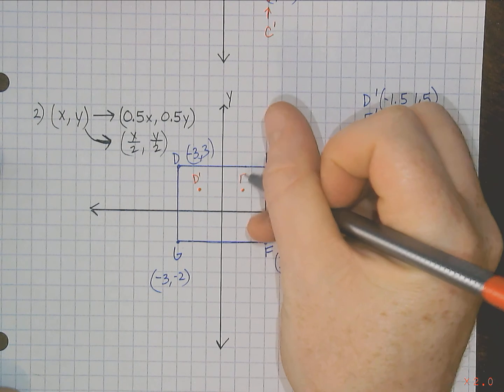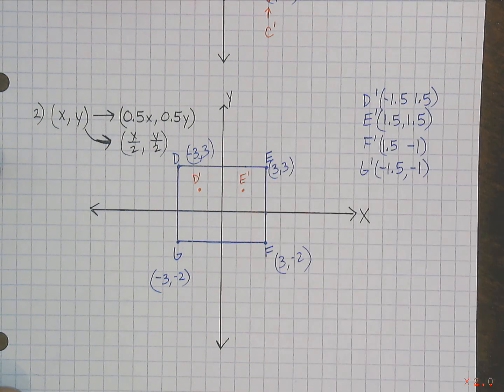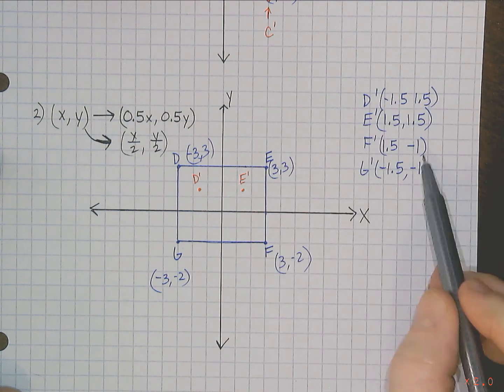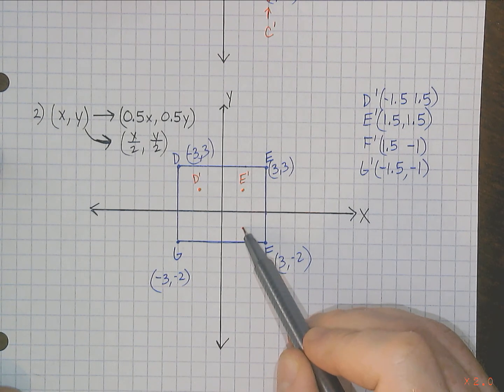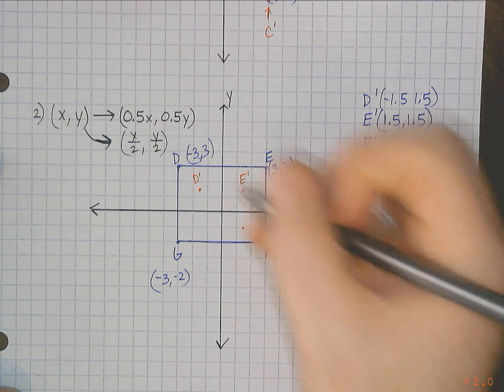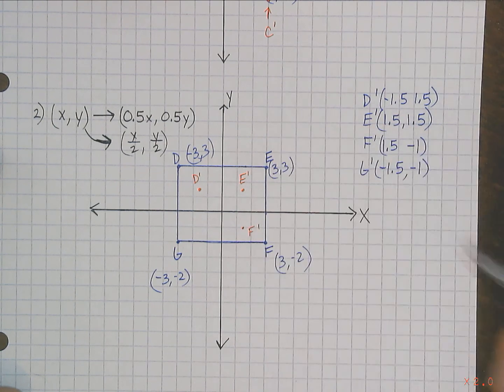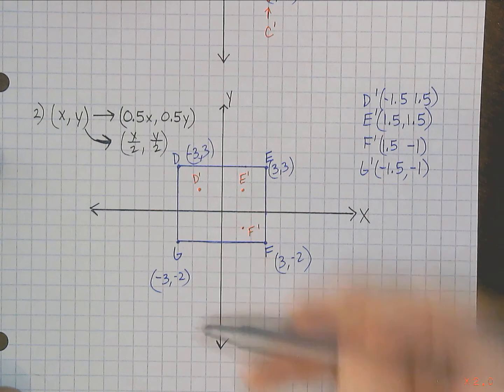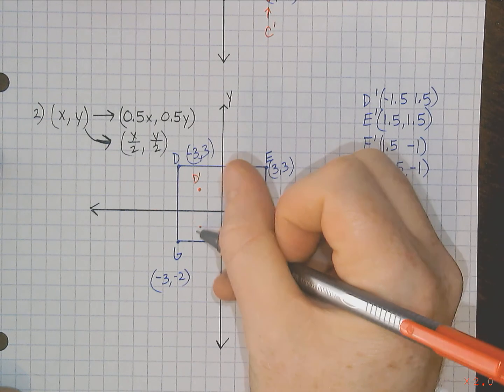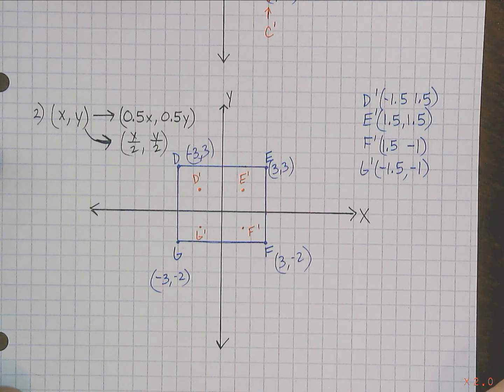So E prime is going to be right here. 1.5, negative 1, let's see, it's going to be right here. We can do that, right? F prime. And then G prime is negative 1.5, negative 1, so it's going to end up right there. So that's G prime.